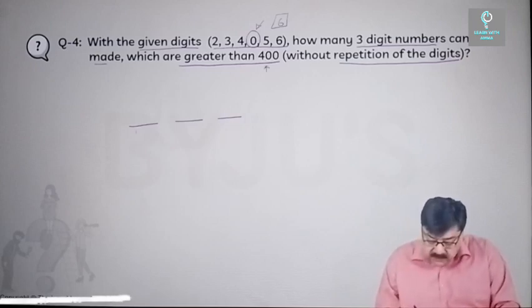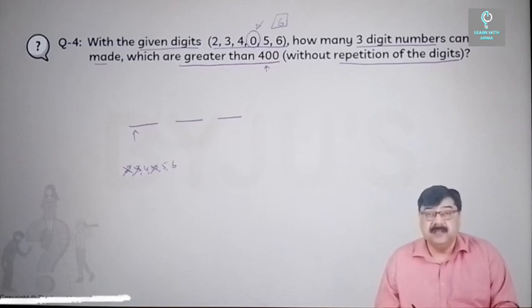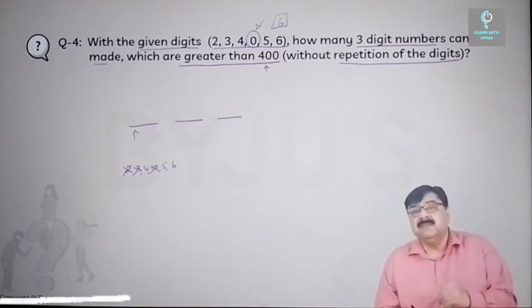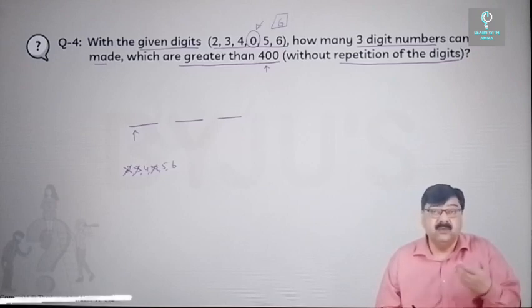So for this position, when you are given 2, 3, 4, 0, 5, 6 and you need a number which is greater than 400, you cannot fit 2, 3 and 0 in the hundreds place. The numbers must start with 4, 5, 6. These would be the numbers which would be greater than 400.